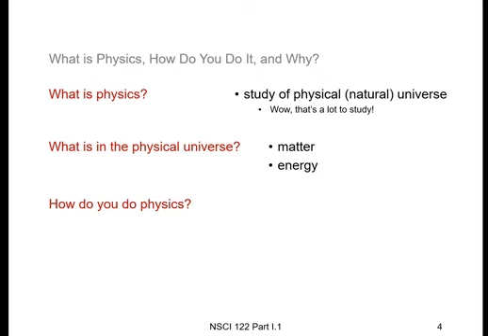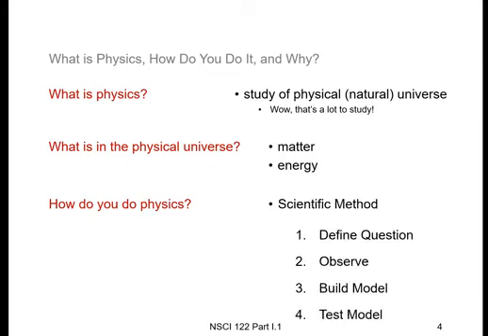How do you do physics? Or I could ask, how do you do science in general? Good science, good physics. Well, this is the scientific method. So I'm sure you've heard versions of the scientific method. I'm going to define the scientific method in 4 steps.